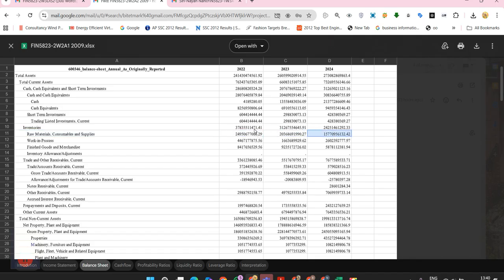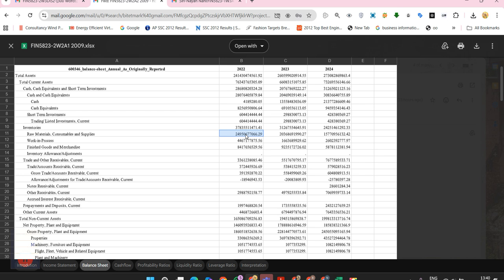Straight away take these values: raw materials, and work in progress, which is given for every year. We don't need finished goods and merchandise, inventory, or allowances. But try to take the value of raw materials and work in progress collectively.